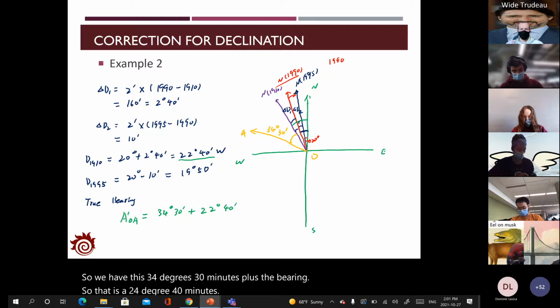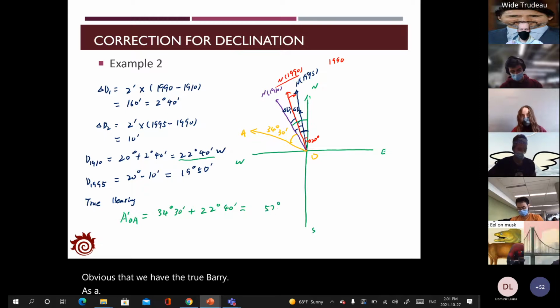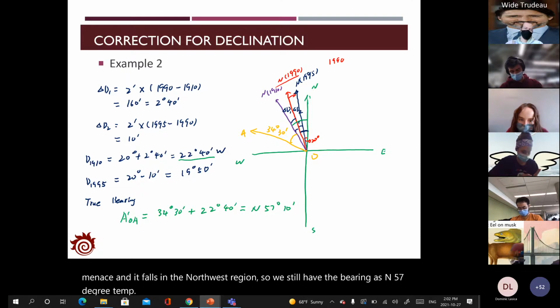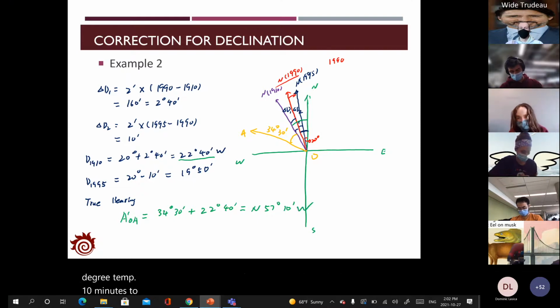With that, we have the true bearing as 57 degrees 10 minutes. And it actually falls in the northwest region, so we still have the bearing as north 57 degrees 10 minutes to the west.